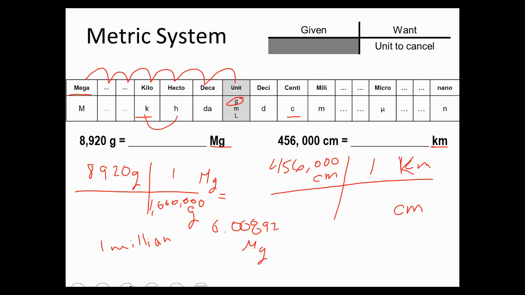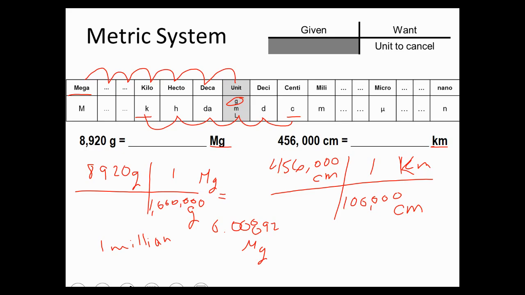So that would be 1, 2, 3, 4, 5. So 10 times 10 times 10 times 10 times 10, 5 times would give us the following number. That would be 1, 2, 3, 4, 5, 100,000, okay? So those are the values that we have in our dimensional analysis chart, okay?